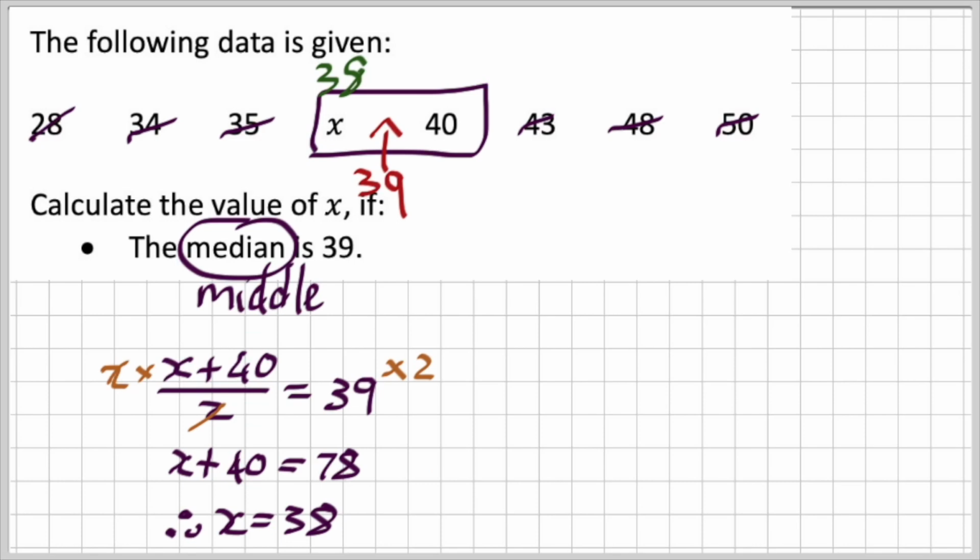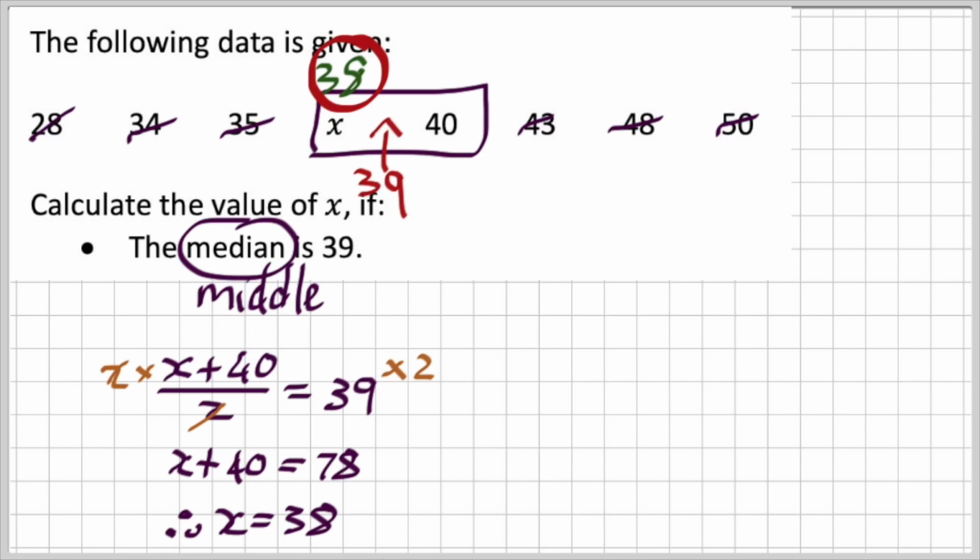But if you are comfortable enough, ladies and gentlemen, to tell me that the value of x is 38, well, then you just go for it. But please try and explain it at least in the exam, so that your teacher doesn't just think, oh, this person just guessed 38.